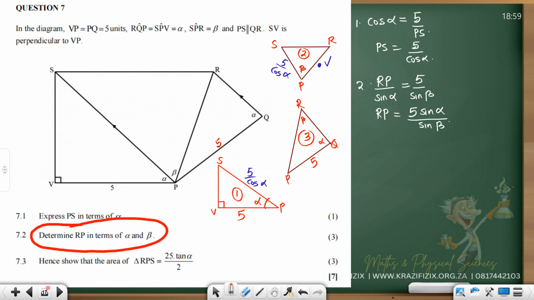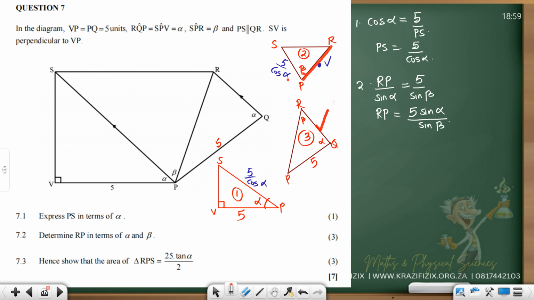Explain RP. So the first thing is to observe. I'm looking for RP in terms of alpha and beta. My job is to find the triangle where RP is. And I see there's RP here, and they said alpha and beta. So this is a good triangle, because I also have RP here and I have alpha and beta.